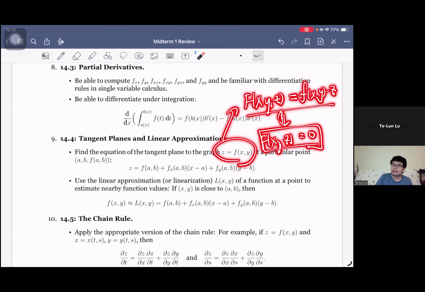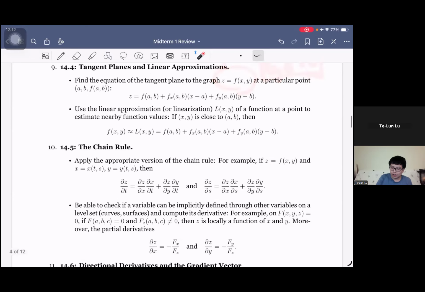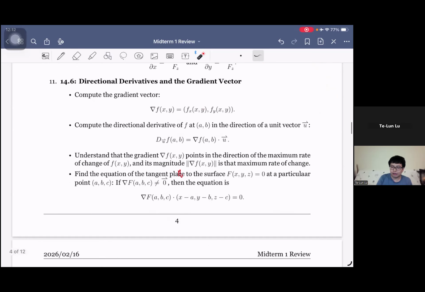So we generalize this kind of notion. So instead of a graph, we can do that for different level surfaces. And this will be particularly important when we're discussing chapter 14.8, right?